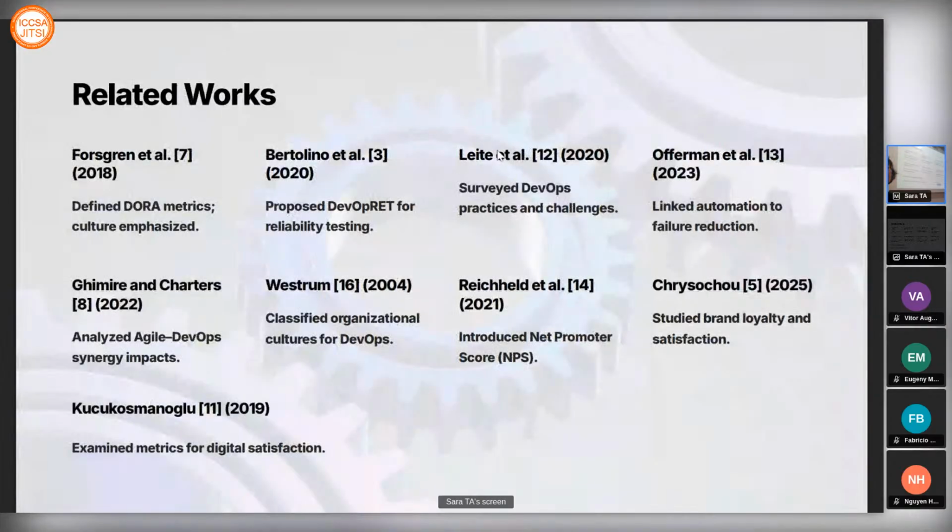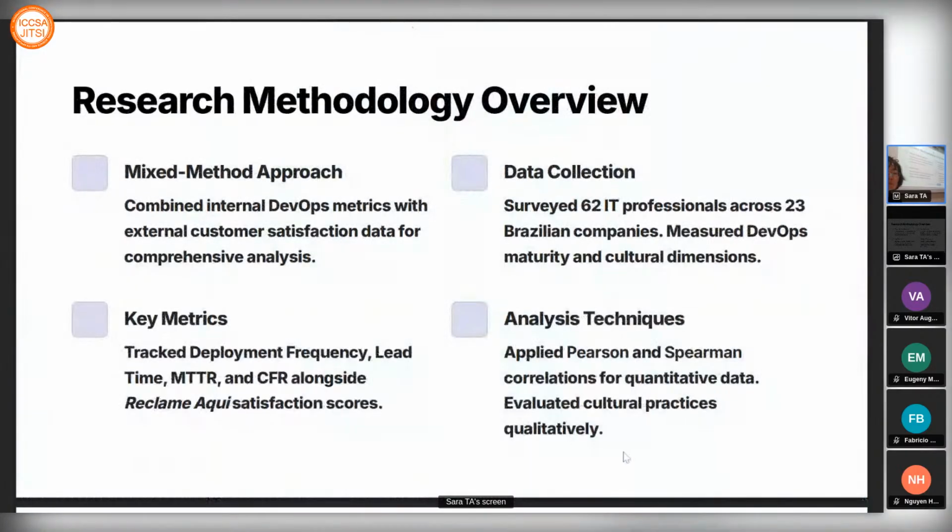We found a lot of related works trying to measure DevOps, or trying to measure just customer satisfaction. But none of them seems to try to compare them and see if one has a correlation with the other. So our research methodology is a mixed approach where we combine internal DevOps metrics with external customer satisfaction data. We used the metrics that I have already cited.